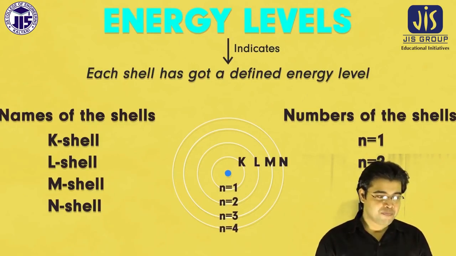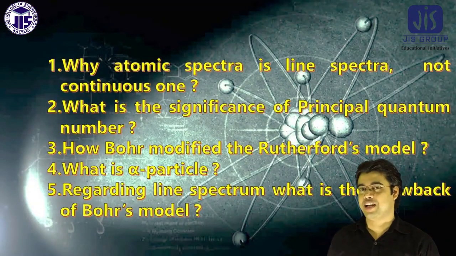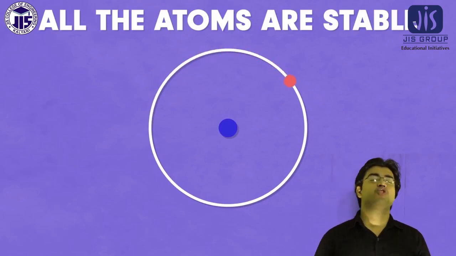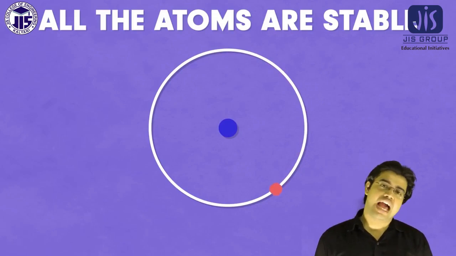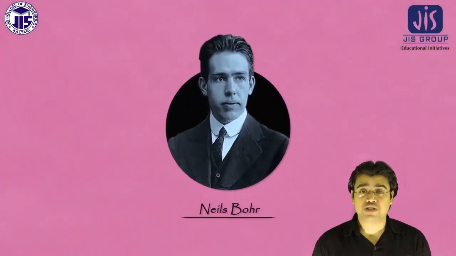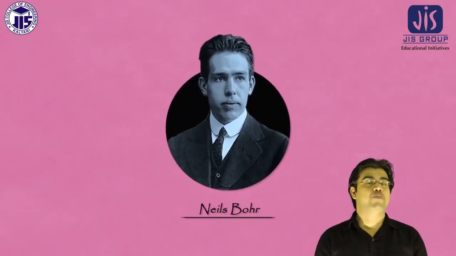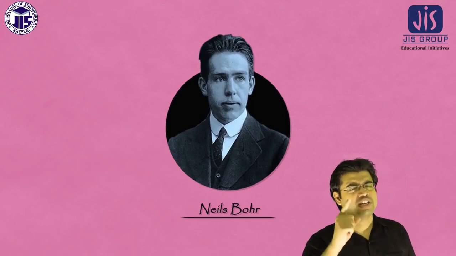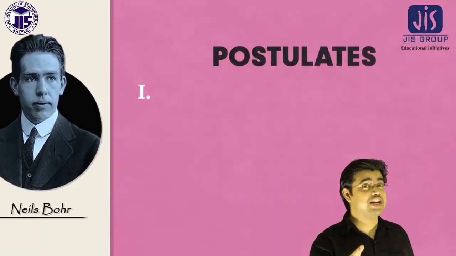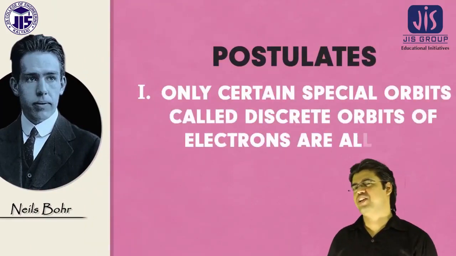Now come to the third question. What was the third question? How did Bohr modify Rutherford's model? Actually, Rutherford's model had two main drawbacks, regarding stability and regarding atomic spectra. The stability of the atom was successfully explained by Niels Bohr in this way: when an electron continuously revolves around the nucleus in a particular orbit, it neither emits nor absorbs energy.